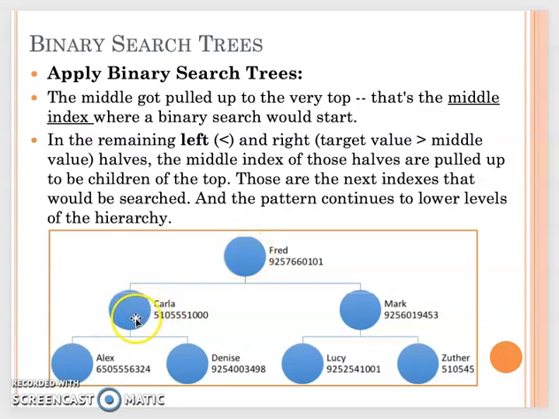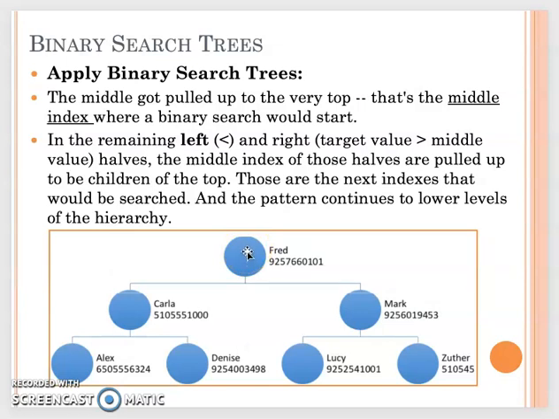So here's Carla. Carla has a left child and a right child. You see the right child of Carla, Denise, is greater than Carla. Alex is smaller than Carla. On the other hand, in our binary search, we make that become a tree. The first one is the root node, and this root node is where we start the searching.